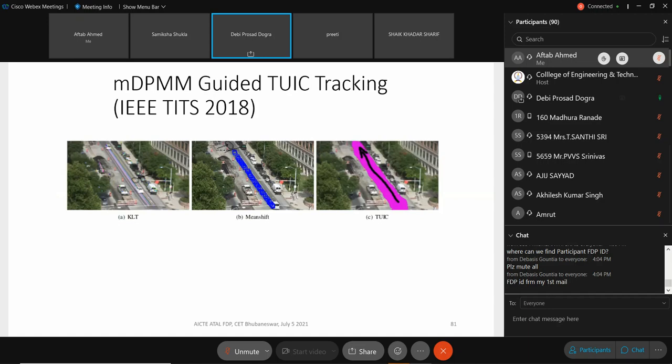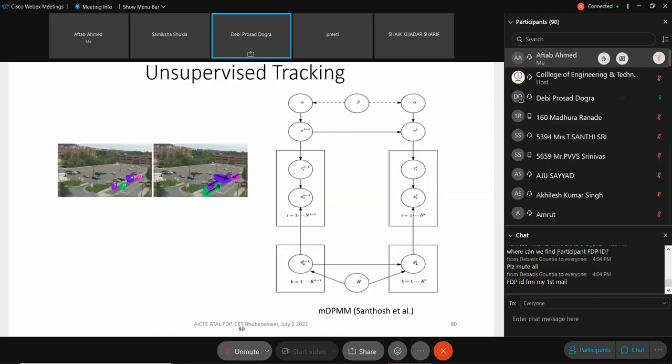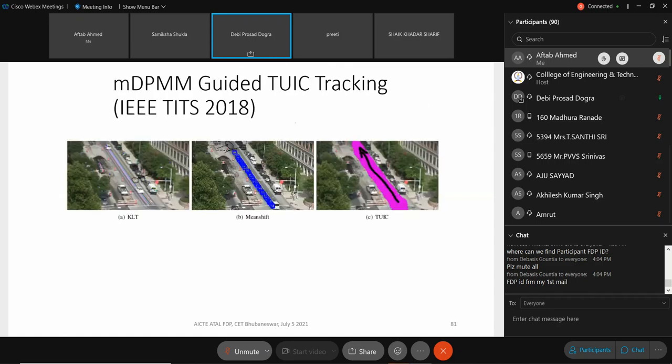I'm not going into the mathematical detail because it is too mathematical, and you may not be able to understand it in a short span of time. Those who are interested can look into this paper, where he discussed how an unsupervised model can be used for object tracking, and it actually performed better than the best.